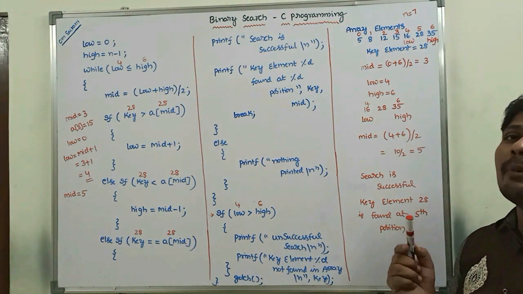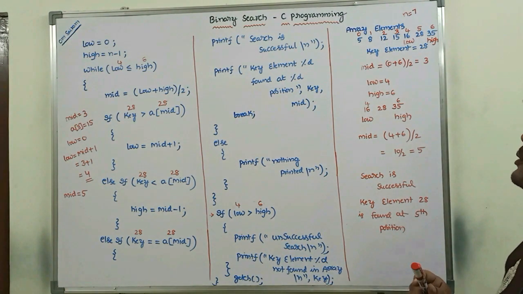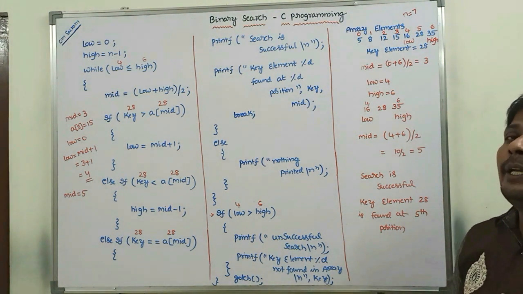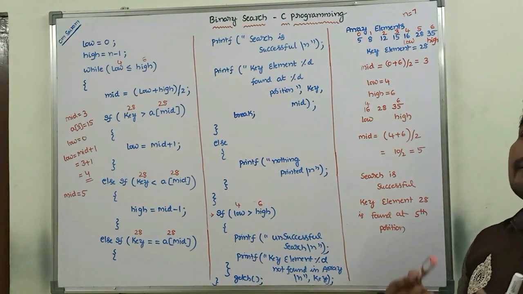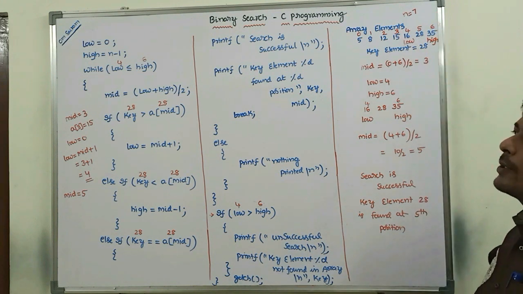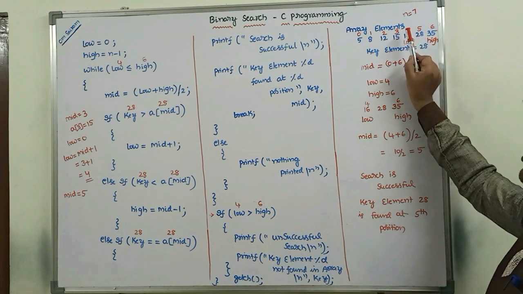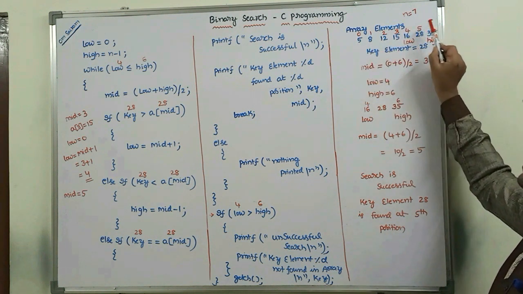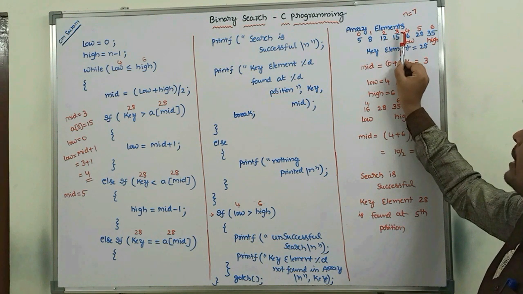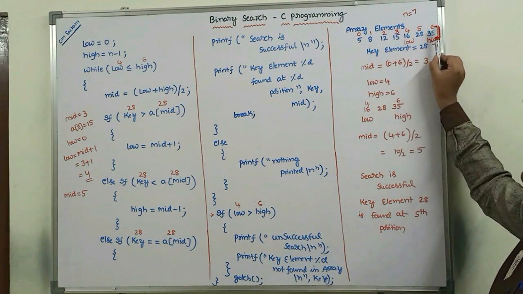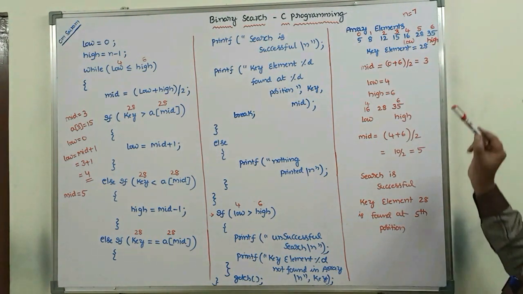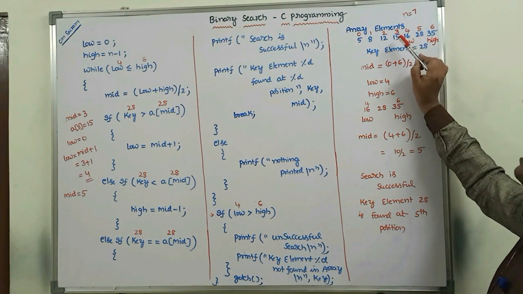If the key element is less than the mid value, we go to the first sub array. If the key value is greater than the mid value, we go to the right sub array. So by using the mid value, we divide the given array into 2 parts: up to the mid, that is the first part, and after the mid, the second part.